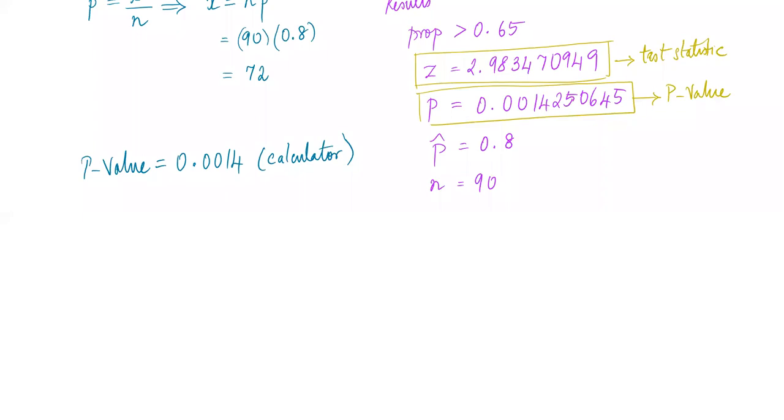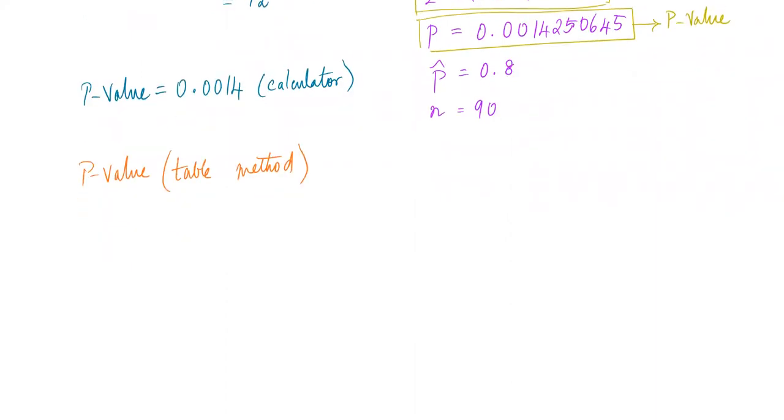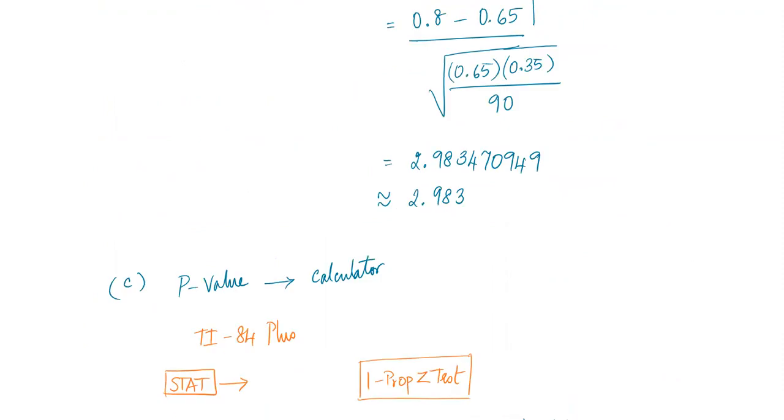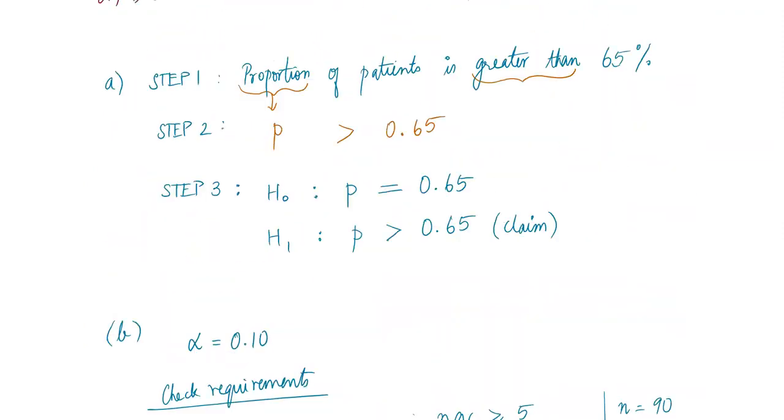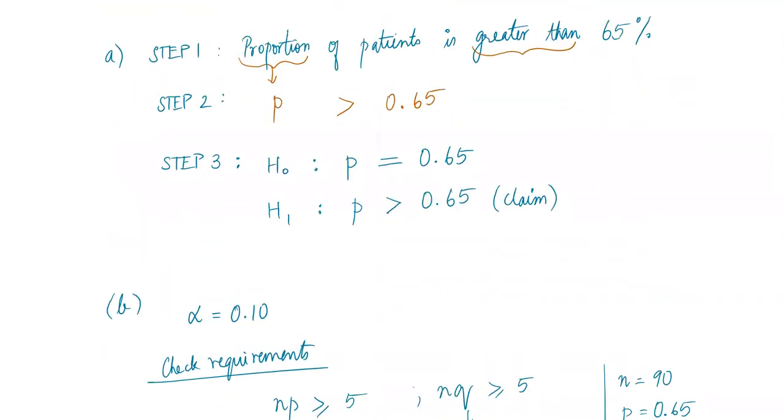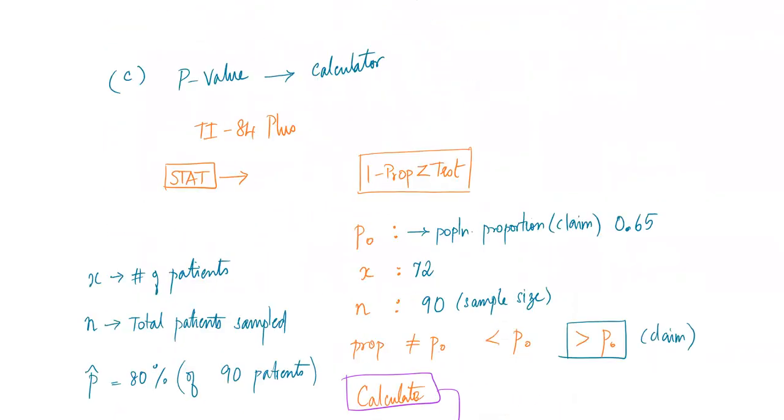So the p-value with the table method would require for us to first determine if it is left-tailed, right-tailed, or two-tailed. So for that, I look at H1, right? That's my step or part A. H1 has a greater than symbol, right?